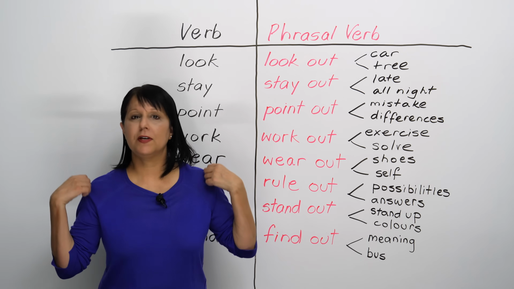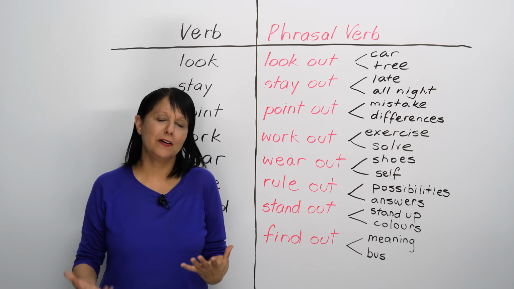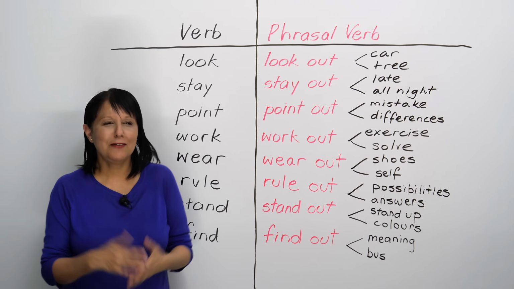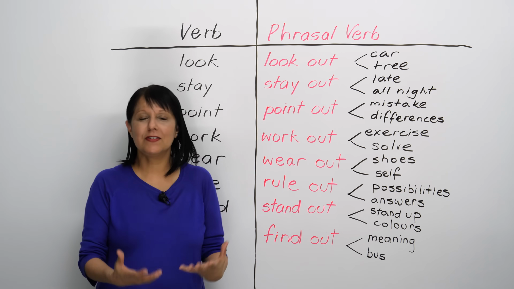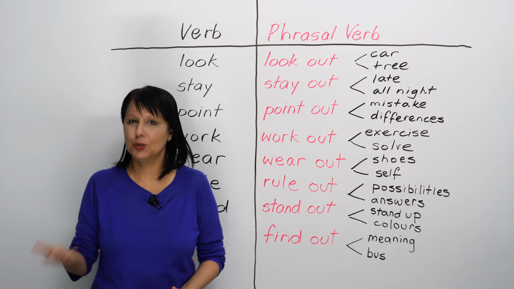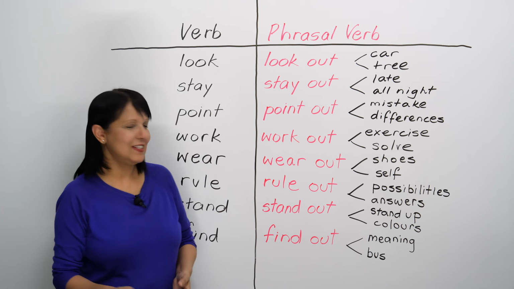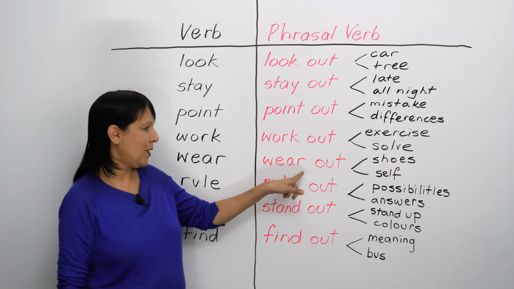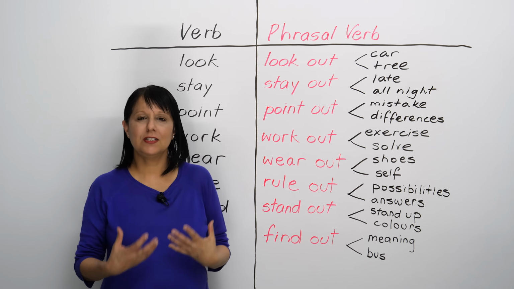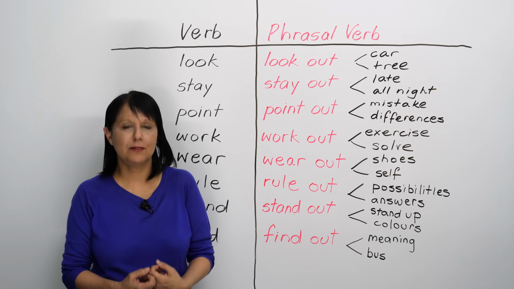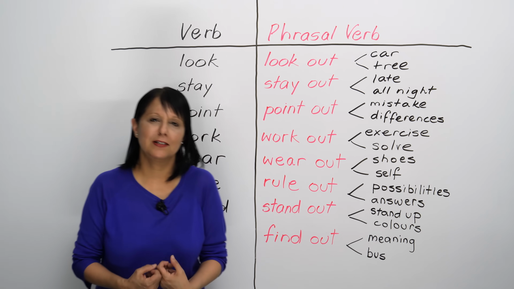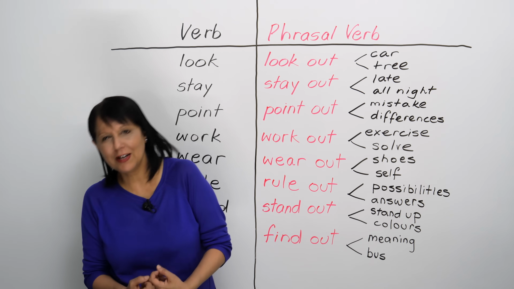Or let's say you have a favorite t-shirt and you love to wear it and you wore it for years, but after a while it really gets worn out, okay? So to wear out something means to make it unusable. Now, there is another meaning of wear out. Sometimes you can say, I'm worn out today. I'm so tired. I've been working since 5 o'clock in the morning with no break.